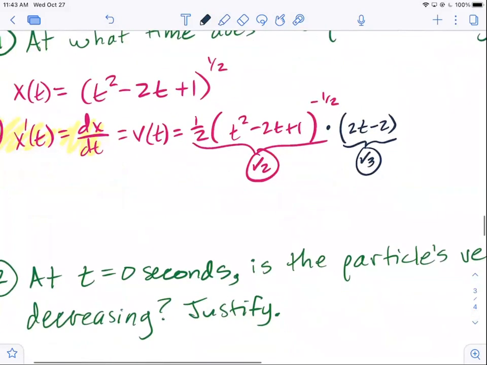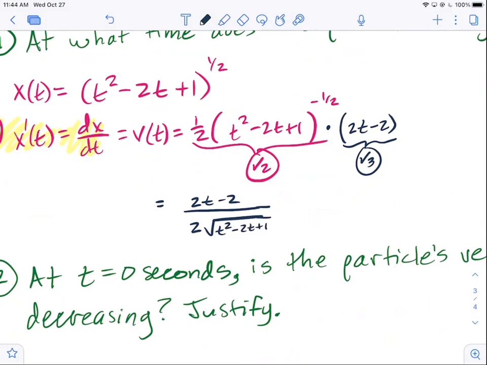Now, if you simplify that, there's a couple of ways. You can either leave it as 2t minus 2 and then have a 2 in the bottom with the square root of t squared minus 2t plus 1.